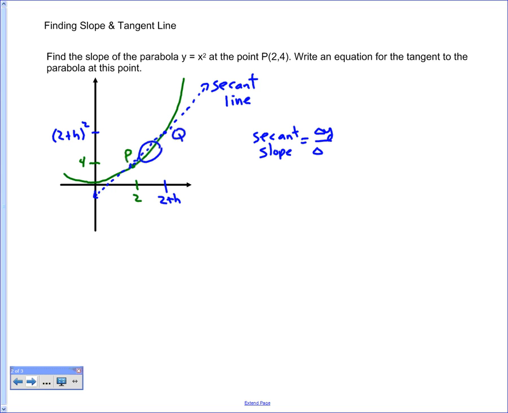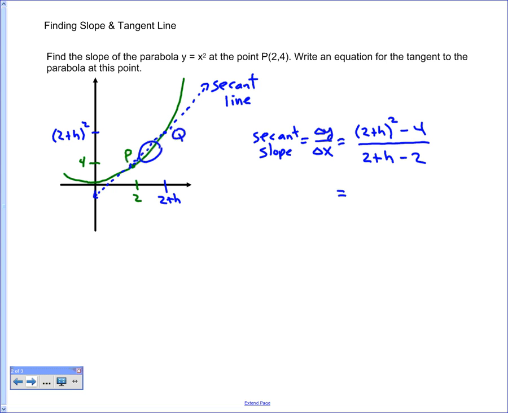Again, it's going to be change in y over change in x. Well, the y values are 2 plus h squared subtract 4, and the corresponding x values would be 2 plus h subtract 2.